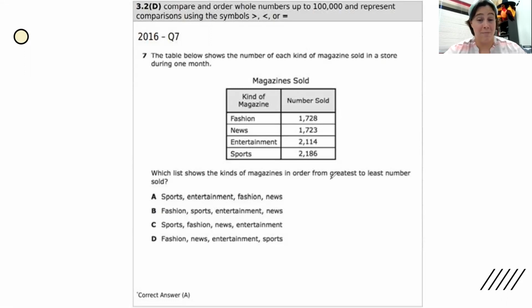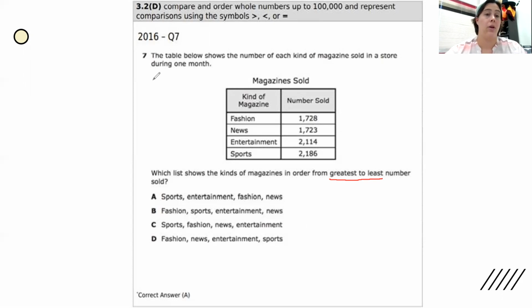Well, what pops out to me the most is knowing that we are finding greatest to least number sold. So it looks like it's being listed by the kind of magazine, not the number, but we still need to understand the number in order to find which list is actually correct.